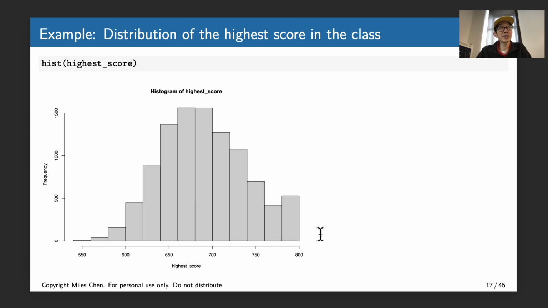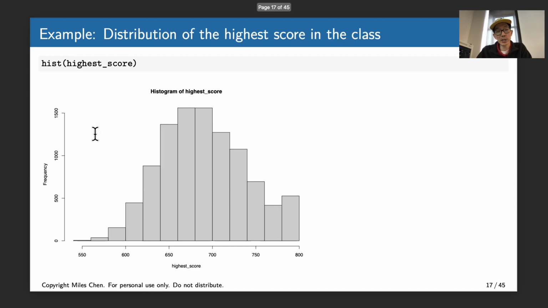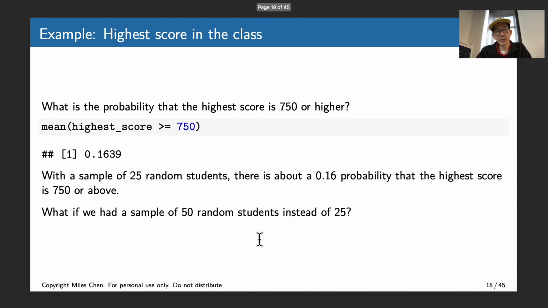So in this case, the brute force parametric bootstrap method is actually easier to deal with. You can ask, how often is my highest score 750 or higher? With a random sample of 25 students, there's around a 16% probability.